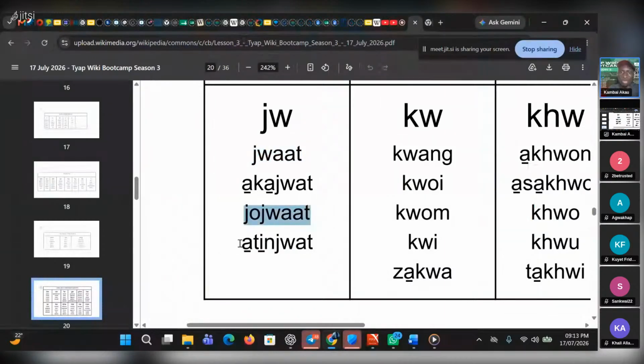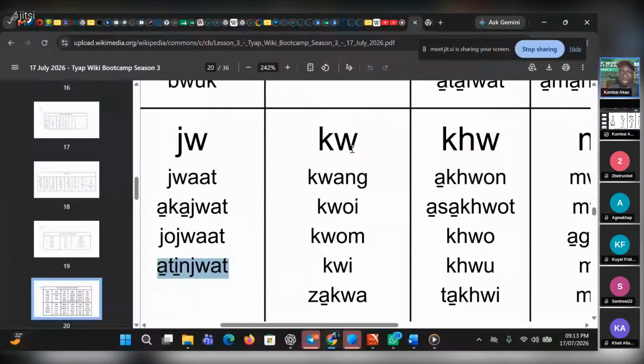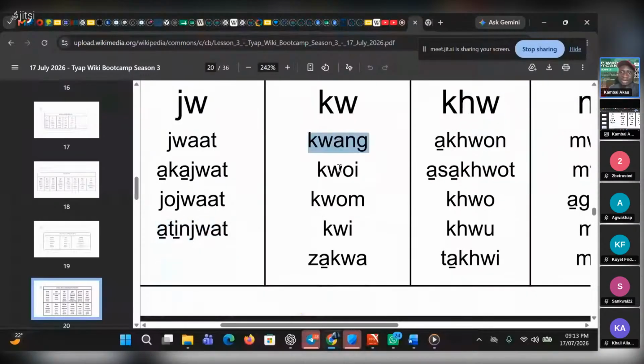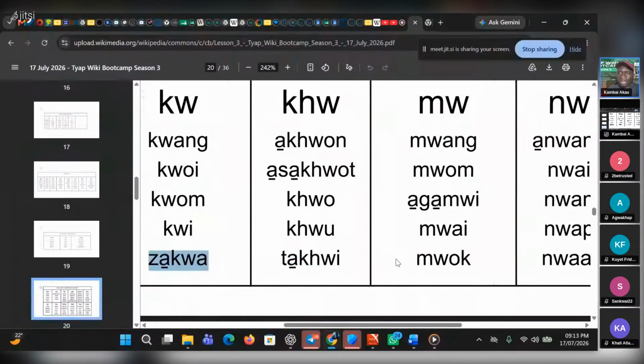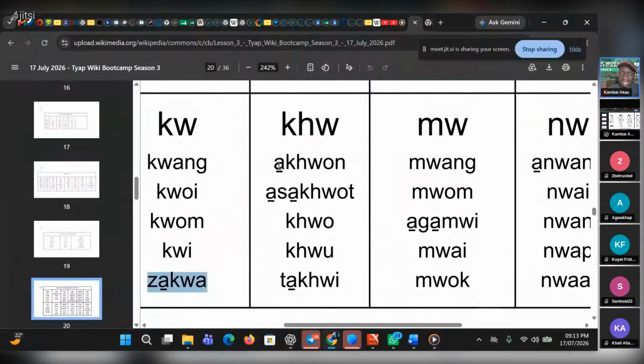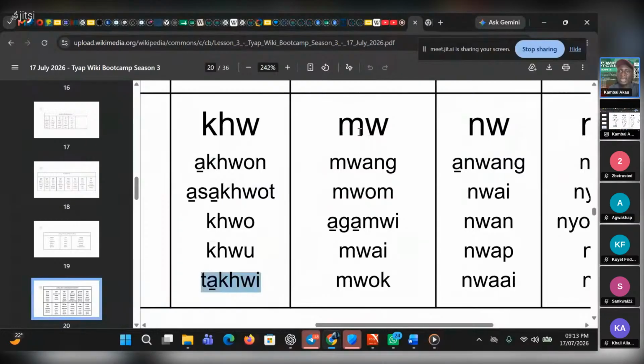And then we have the labialized K: kwang, kway, kwam, kui, and zakwa. And then we have the labialized H sound. Examples: huan, sakwat, huo, hu, and takui. And then the labialized M sound: mwang, mwom, agamui, mwai, and mwok.